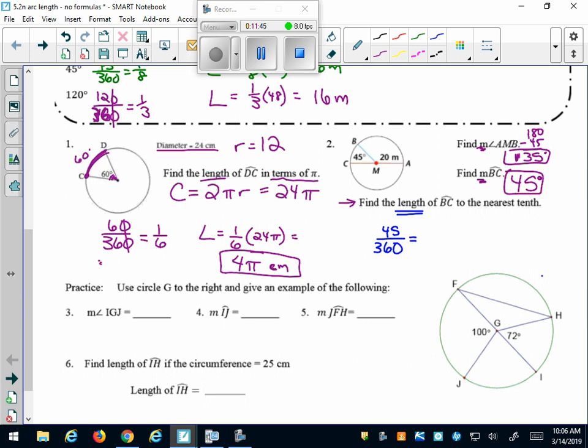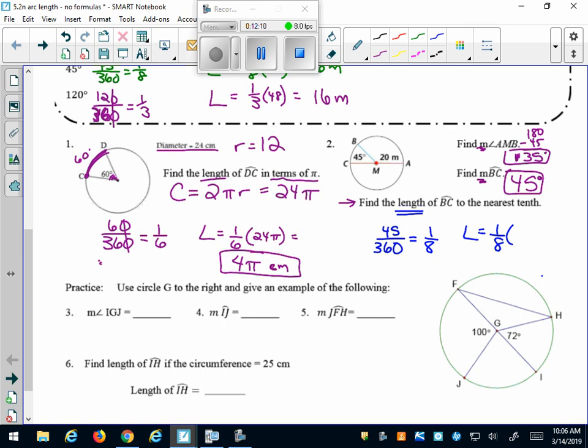Which is what fractional part? 1/8. Good. So the length of BC is 1/8 of what? We need the circumference, right?